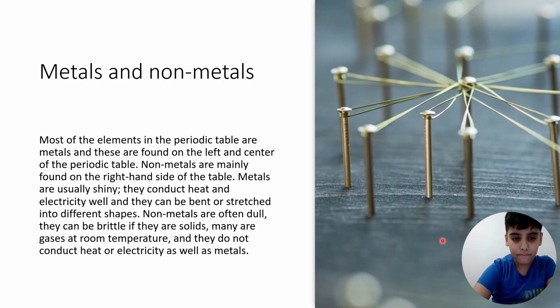Like if you see here, metals are usually shiny and they conduct heat and electricity well. And they can be bent or stretched into different shapes. Okay, so metals are maybe not what you thought of at first, but they are very useful for some things.